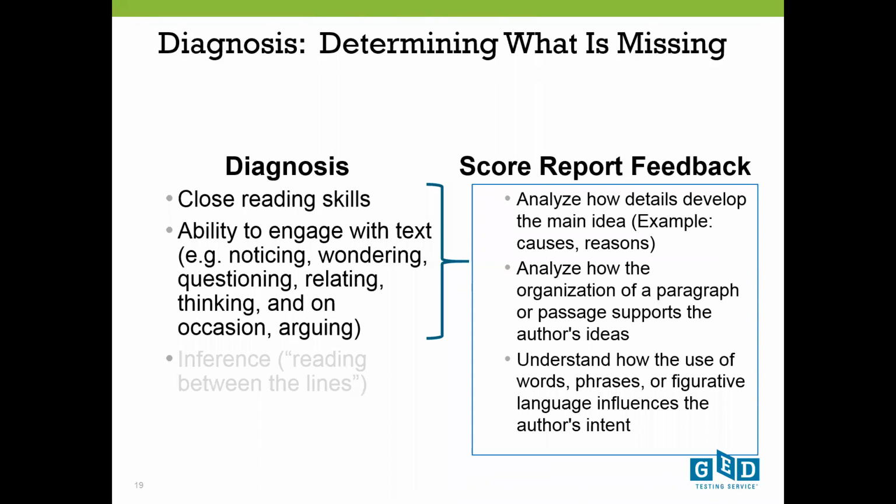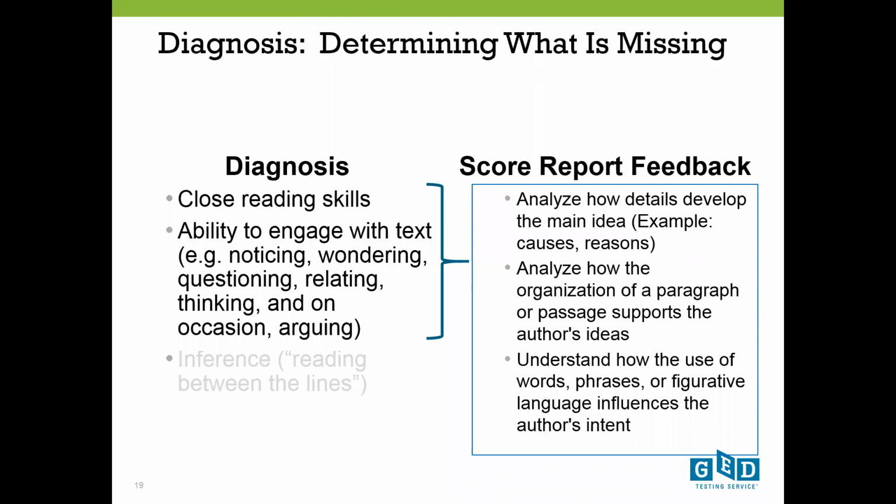If you think about yourself as a reader, almost all of us who are proficient and competent readers have a rich engagement with the text, maybe asking yourself a million questions. I know that I am in dialogue with everything I read. Well, I wonder why they use this word.